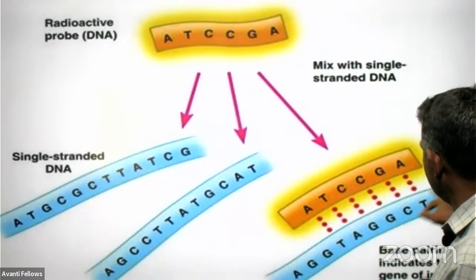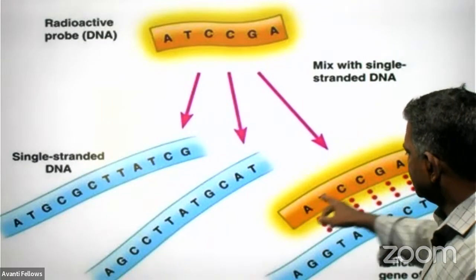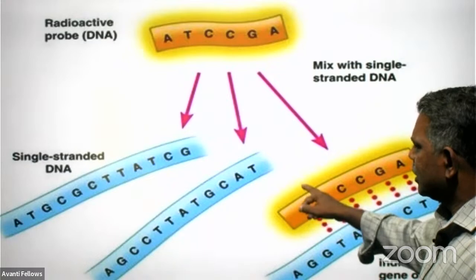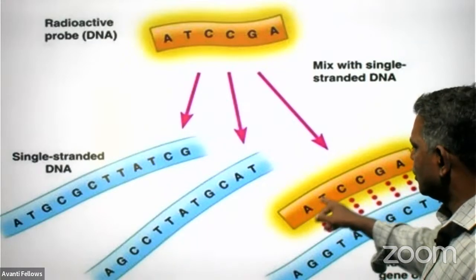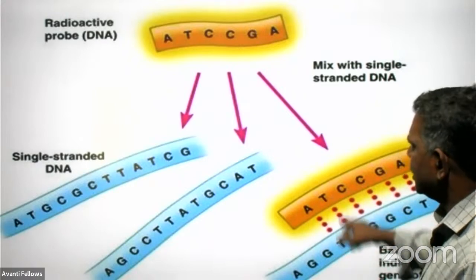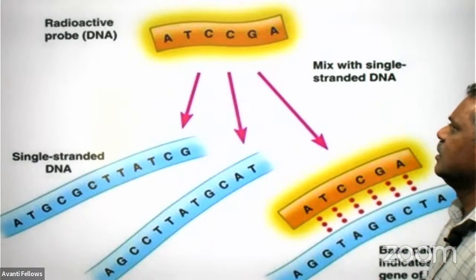This is the old one, and this is the newly constructed DNA, made with the radioactive probe only. All the nucleotides are radioactive probe, and this is called the hybrid.